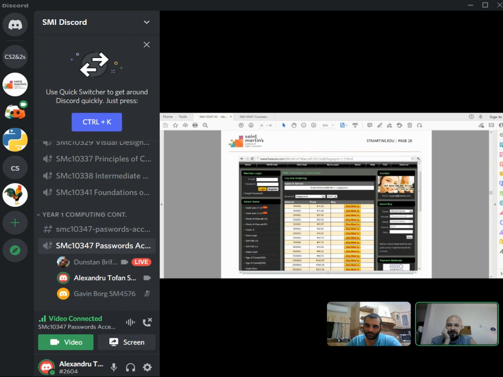Maybe to access any website. Because now every bank app on the phone you just enter with your fingerprint. For now, the bank applications require the fingerprint.